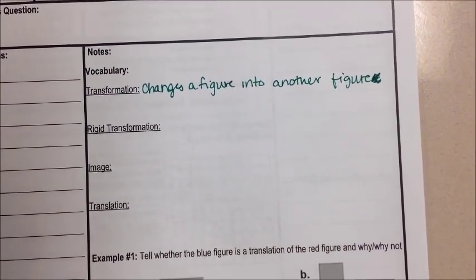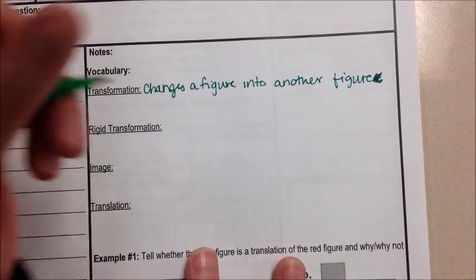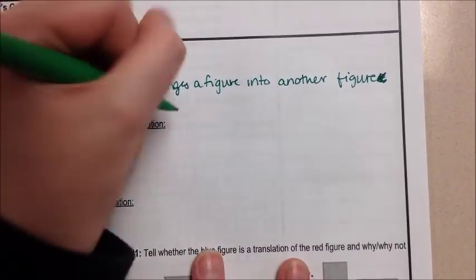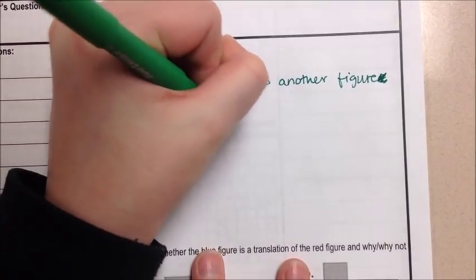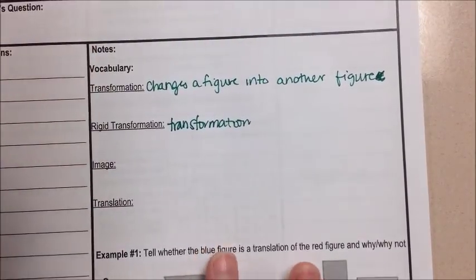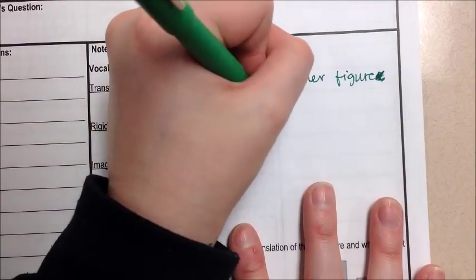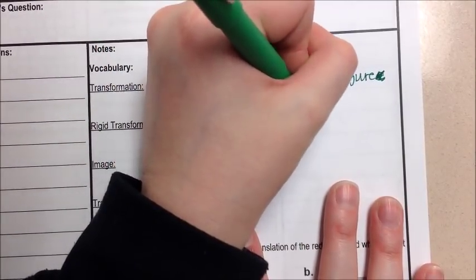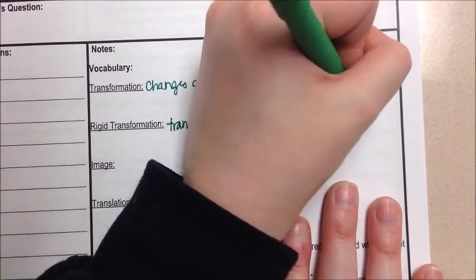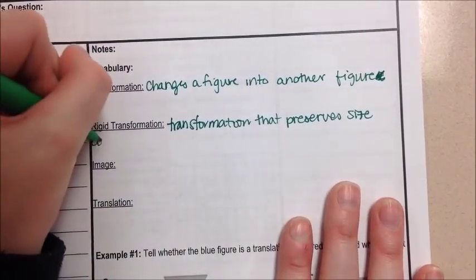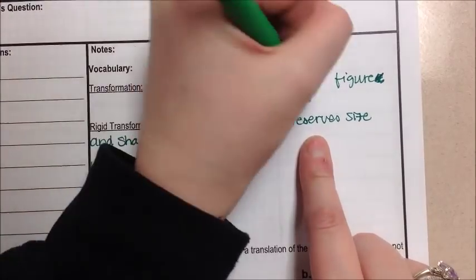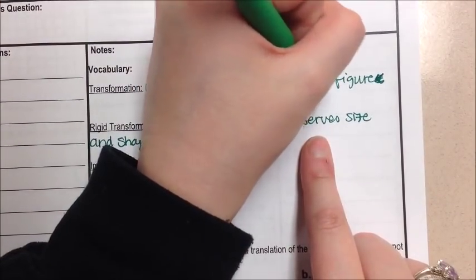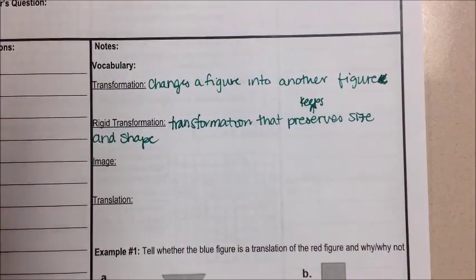A rigid transformation is a special type of transformation that preserves size and shape. And preserves just means keeps it. So when you think about preserving something, it means you keep it.